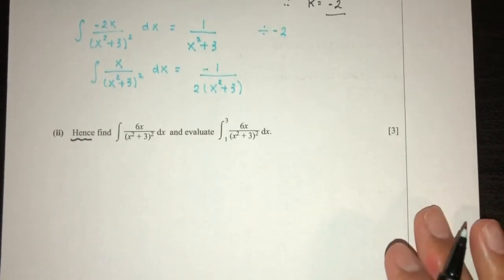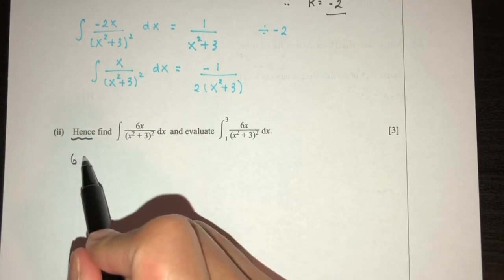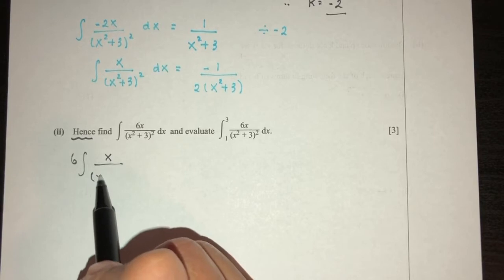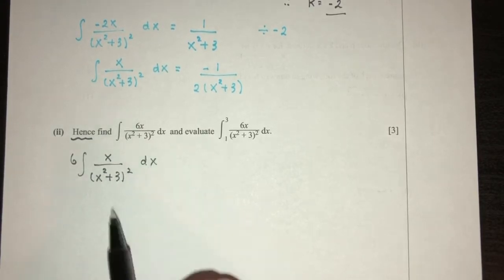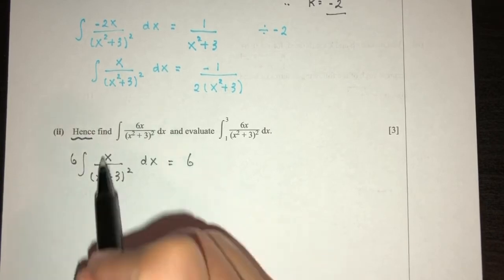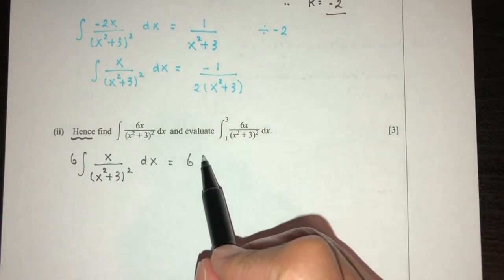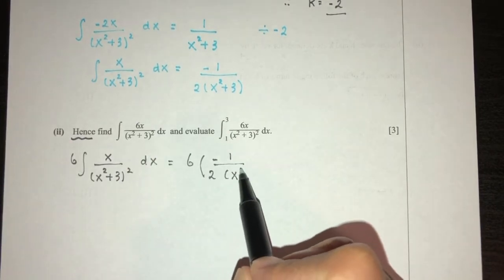Okay, so if you observe, 6 is only a multiple, you can take out 6, and on the inside you will have x over x squared plus 3 squared dx. Now this will be 6, and this you know already, it is minus 1 over 2 times x squared plus 3.